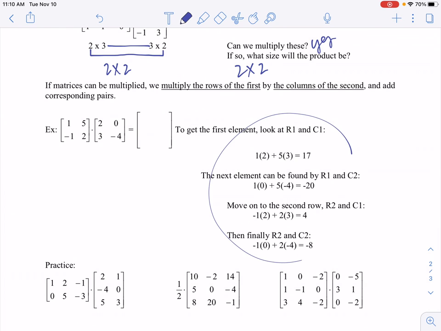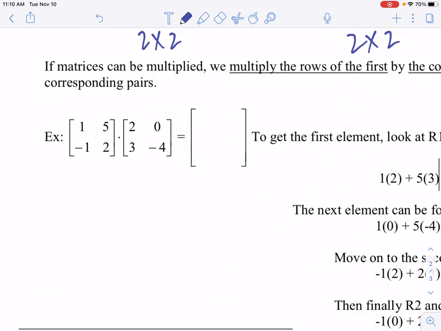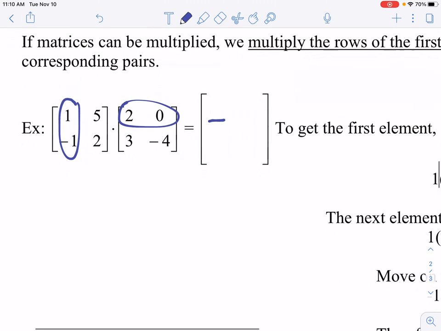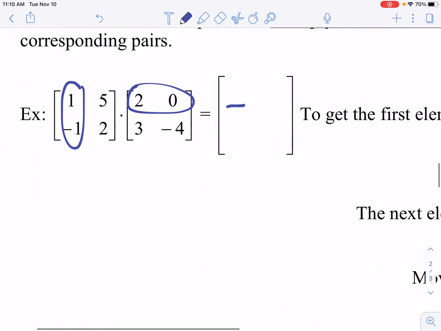I'm just going to explain it. To get this first term, we need to do first row by first column. It's kind of weird until you see a couple examples.